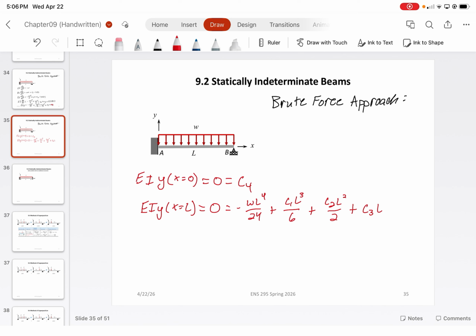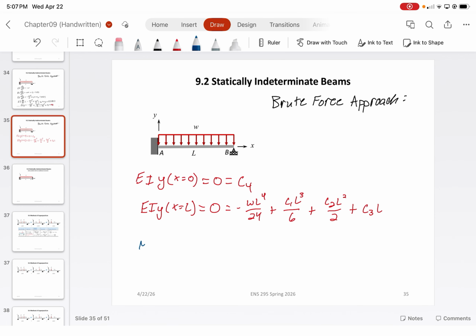Travis. The moments at A and B are 0. Not at A, but at B, yeah, the moment at B would be 0. The moment at A would be whatever the moment reaction is, so you cannot just say, yeah. So we know that the moment at B has to equal 0.